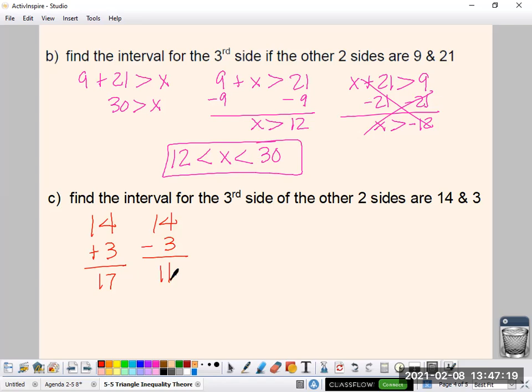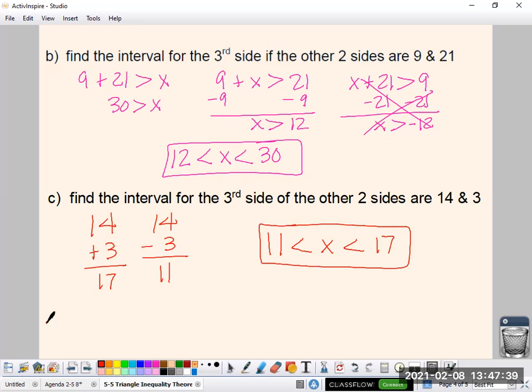There's your shortcut. So how'd you do? Did you get it right? I hope so. Here's your shortcut. As you can see, that's all you have to do on those.